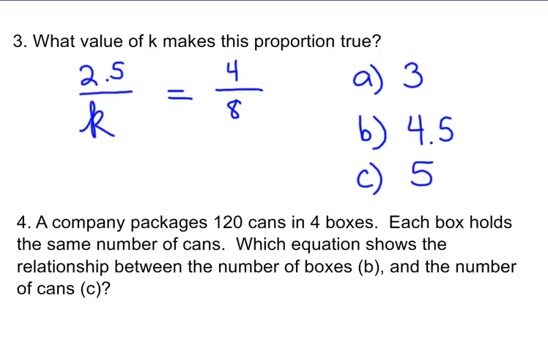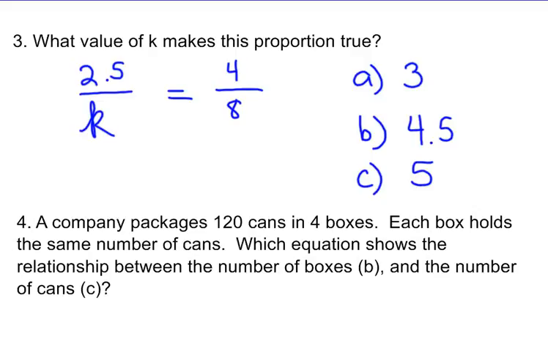Question 3 asks, what value of k makes this proportion true? The only thing that's difficult about this question is the way it's worded. Really what they want you to do is just solve for k and see if A, B, or C is the answer that will make that proportion true.